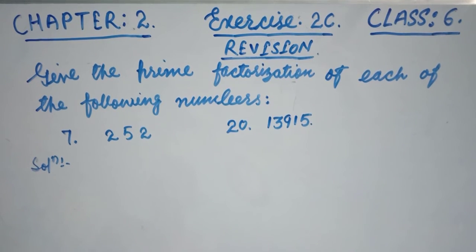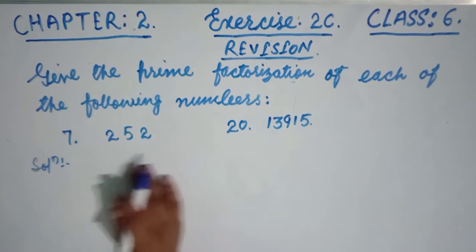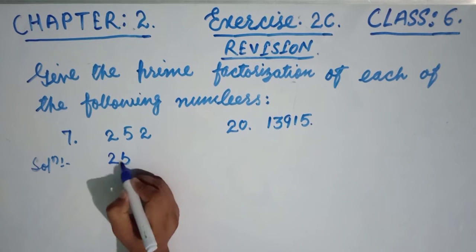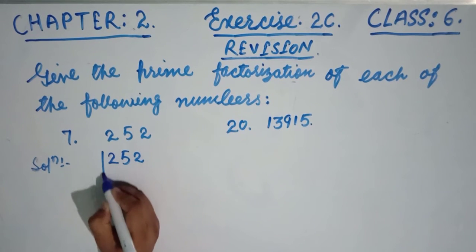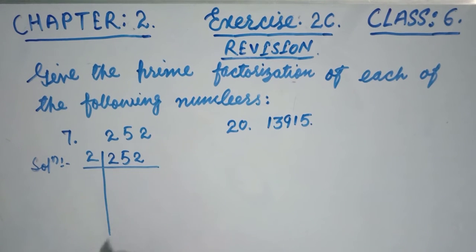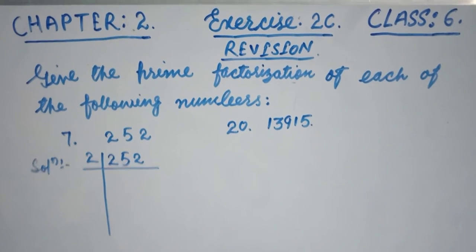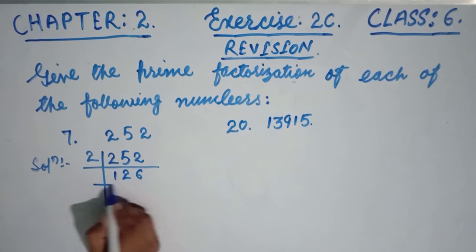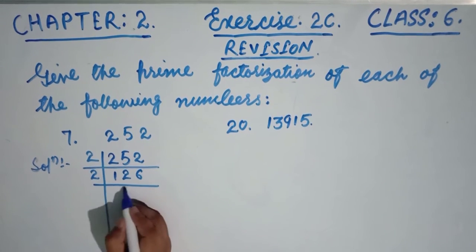Now see, friends, first we have to factorize. Question 7 is 252, right, friends? First 252, then divide, factorize. Now apply 2, because this number will get cancelled by 2 as the ones place is 2, so this is why we are going to apply 2. 2 ones are 2, 2 twos are 4, 2 sixes are 12, once again 2, 2 sixes are 12, 2 threes are 6.